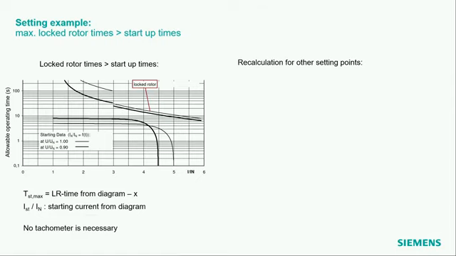One word for the other setting point. So I can take either this one or this starting current and have a look here on the respective maximum locked rotor time. And if you do that with such kind of diagrams, you will find out, at least I found it out in many cases, that it follows exactly our tripping time calculation, which I explained before, based on this simplified thermal model.